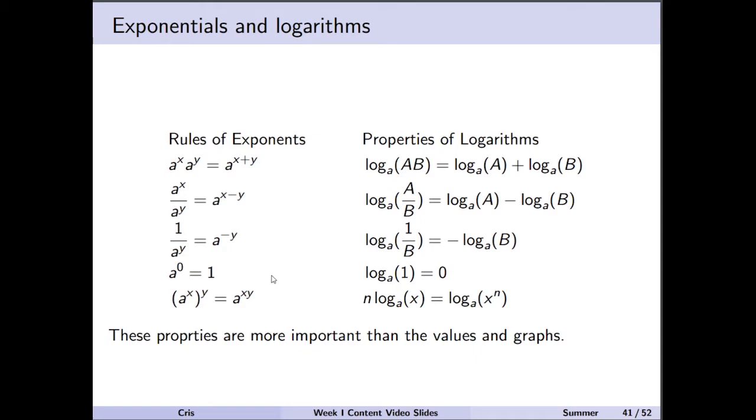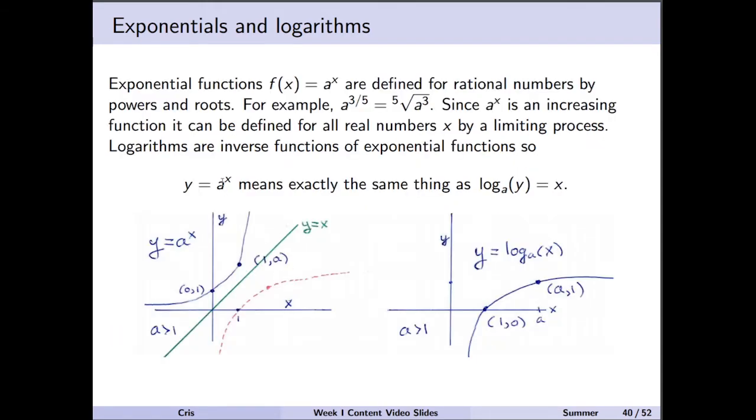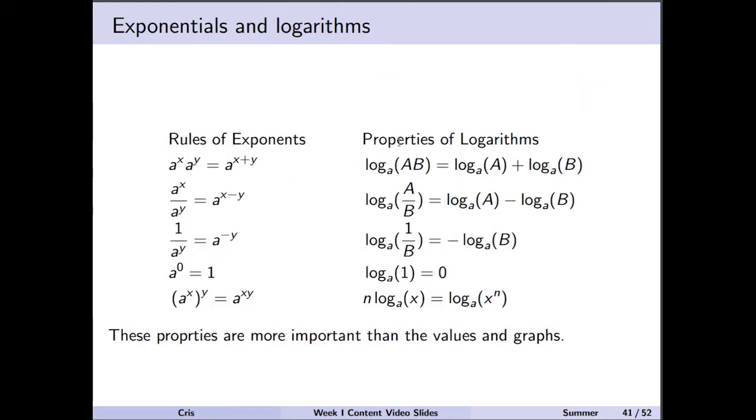Now if we go back to the definition of inverse functions here, any rule involving an exponential we can turn into the rule for a logarithm. And here are the properties of logarithms. The logarithm of a product is the sum of the logarithms. The logarithm of a quotient is the difference of the logarithms. The logarithm of the reciprocal is the negative of the logarithm.